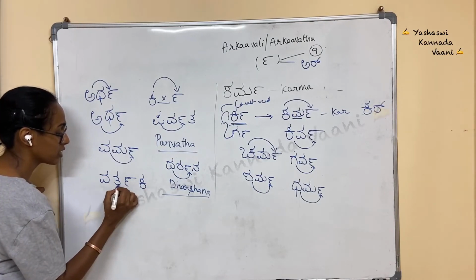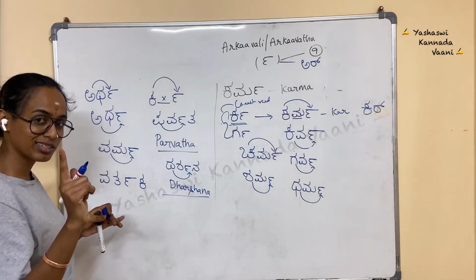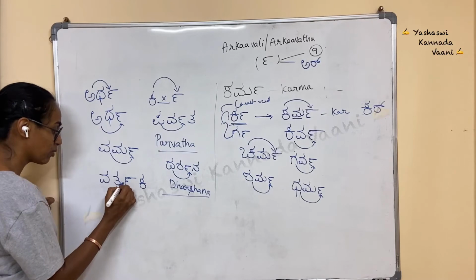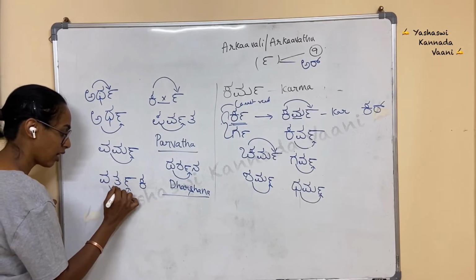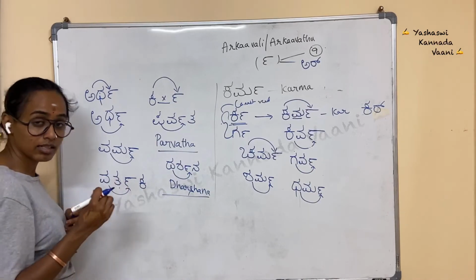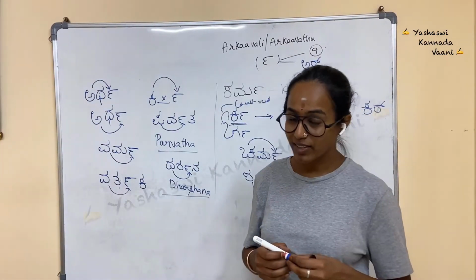See, you cannot insert two letters in between this. You can add only one letter. So you cannot add both the letters, ta and ka. That's wrong. Ta, then ka. The other letter will go after the Arkaavali. Clear? I hope you have understood now.